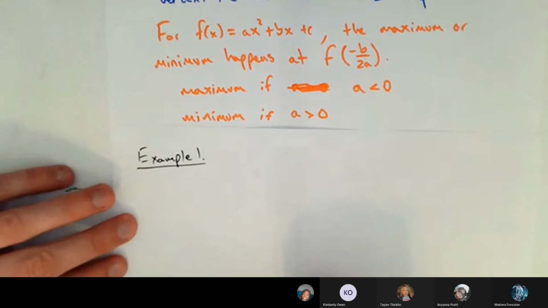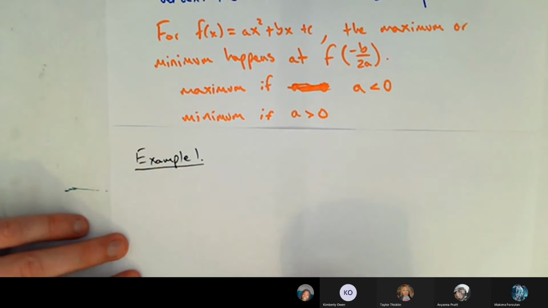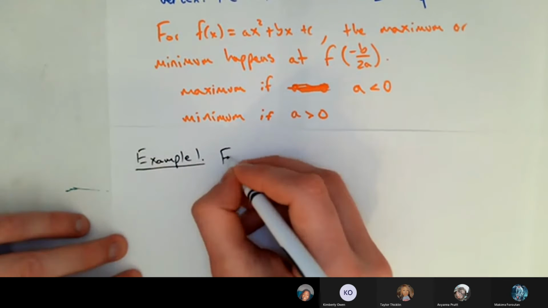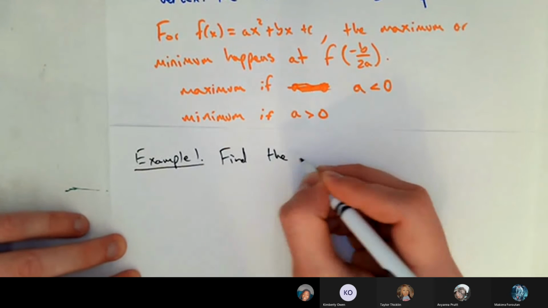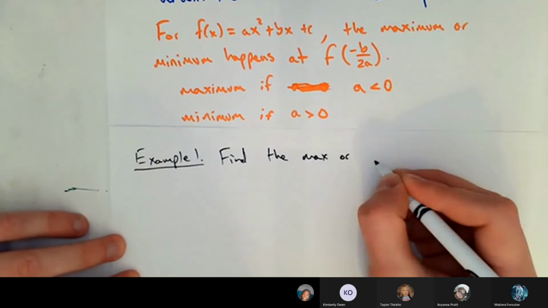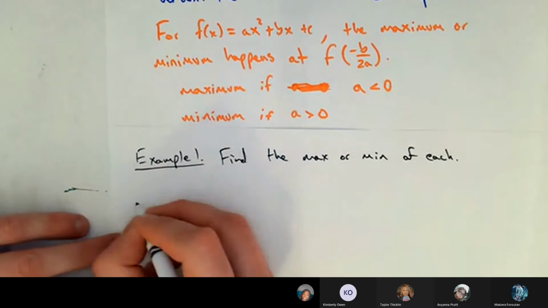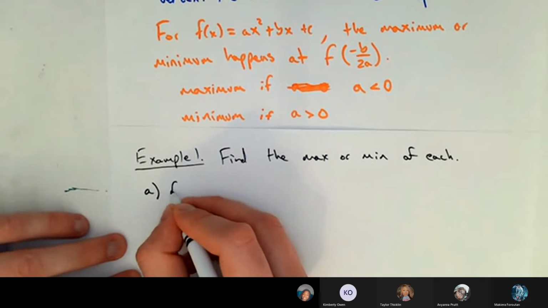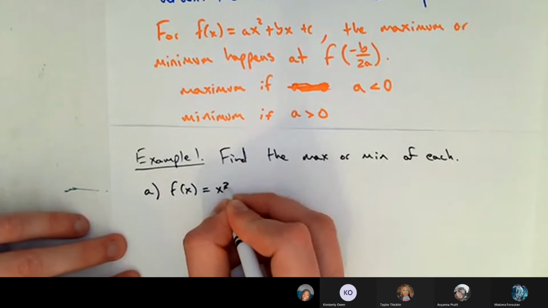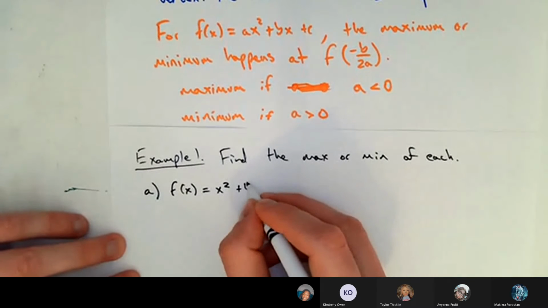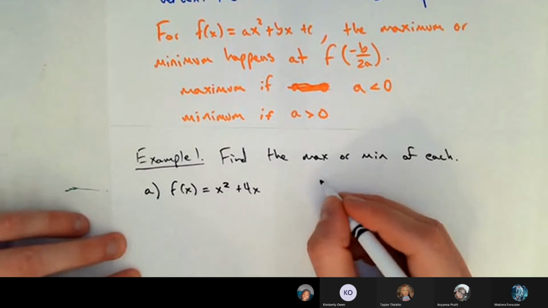So this is officially example 1 for this lecture. Let's find the maximum or minimum of each. Part A, f of x equals x squared plus 4x. So that doesn't have a constant term.